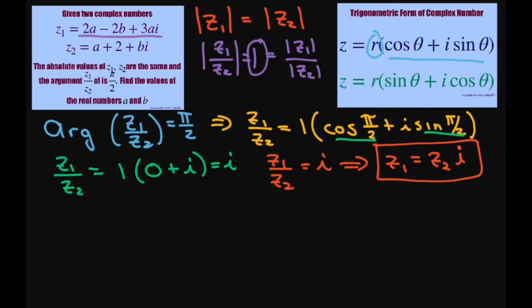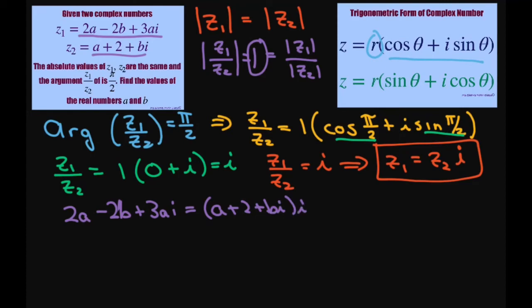So this is going to be 2a minus 2b plus 3ai, equals, and this is your second one, and we have to multiply it by i: a plus 2 plus bi times i.